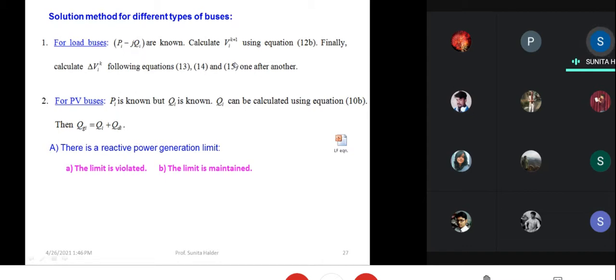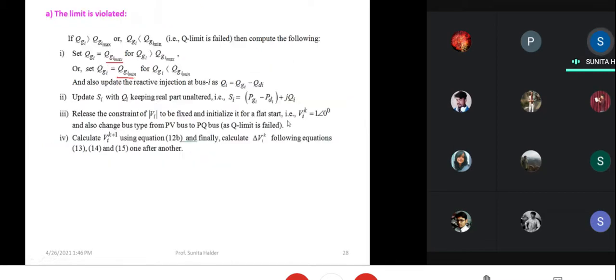For that reason, we need to make some switching, or an if-then-else loop, in the computer programming. We have to make some identification for the load buses, and that identification should be changed when the limit is violated. So change the bus type from PV bus to PQ bus as the Q limit has failed.